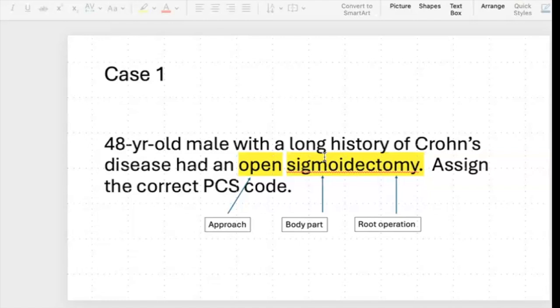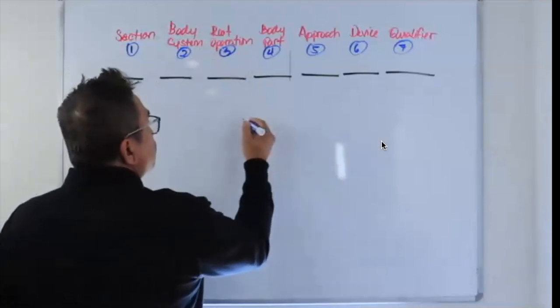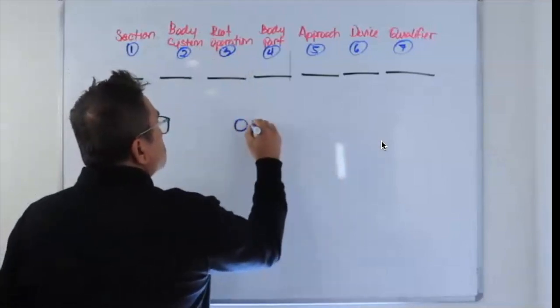Do you guys agree with this 0DSN or something else? Carol says 0DTN. That's more likely, Carol. I mean, that's more appropriate than 0DSN. Let's write that down here in our board. Okay, so resection of sigmoid, open resection of sigmoid starts with 0DTN.